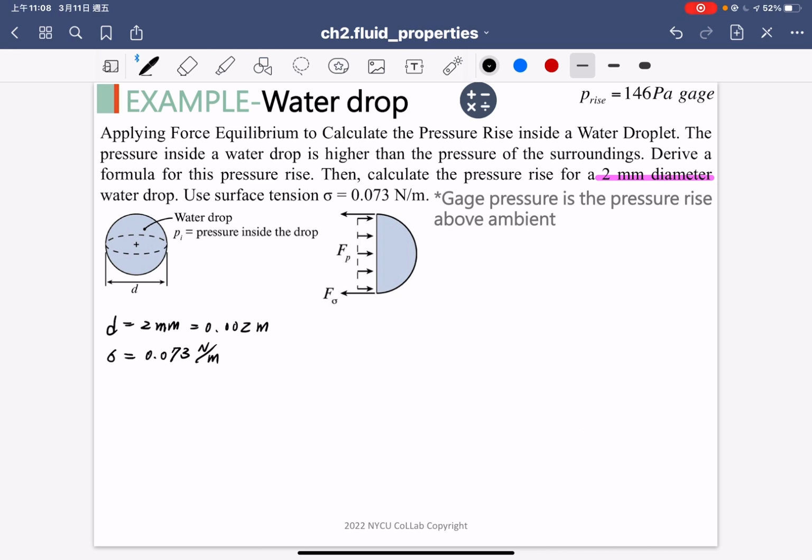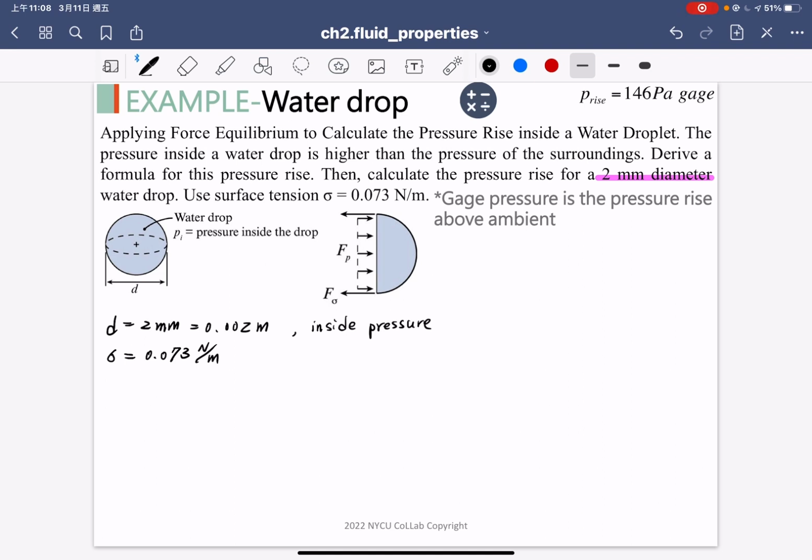As the force diagram showing here, you have the FP. FP is the inner pressure, maybe we call that the inside pressure. And we need to convert the inside pressure to the force, right?